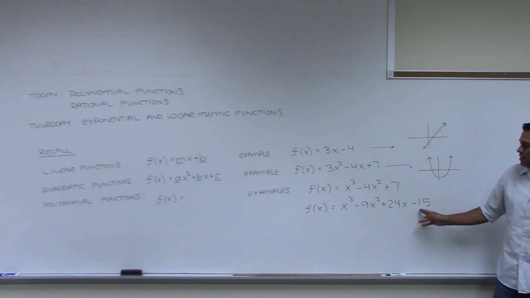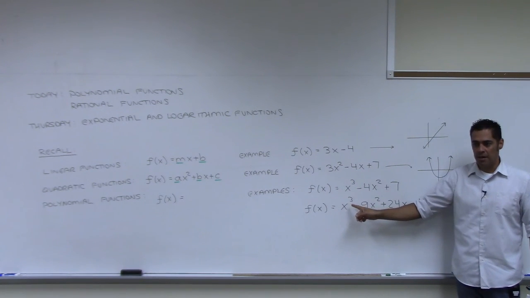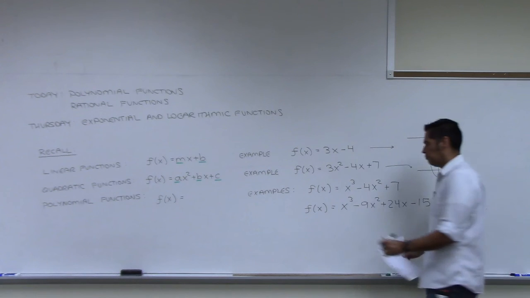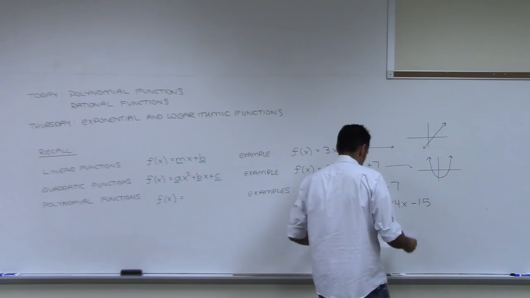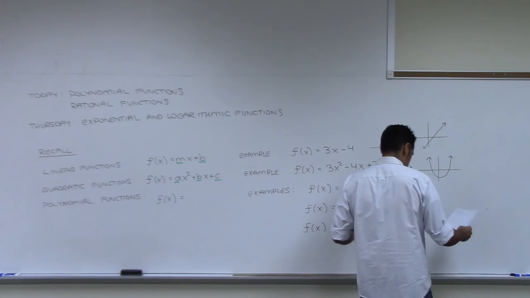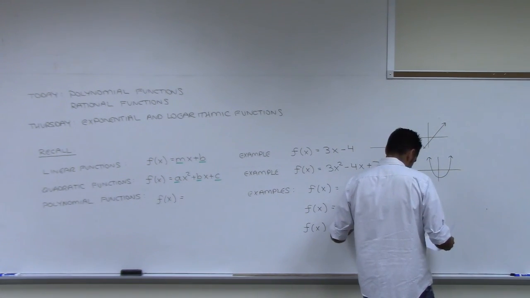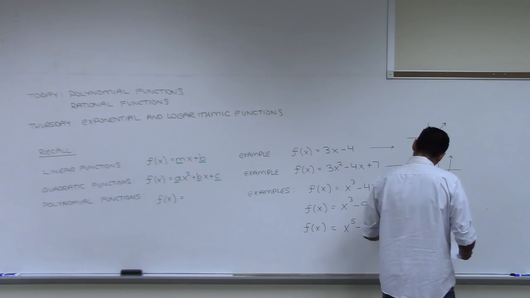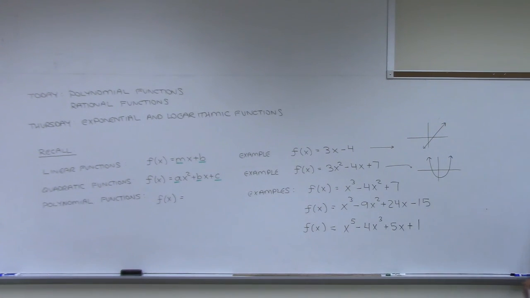For quadratic functions, the highest power of x that you see is 2. Here we have 3 again, right? Now, do we have to stop at 3? We can have a polynomial that has x to the 4th. I don't have one here, but oh, here we go. X to the 5th minus 4x cubed plus 5x plus 1. There's another example of a polynomial.